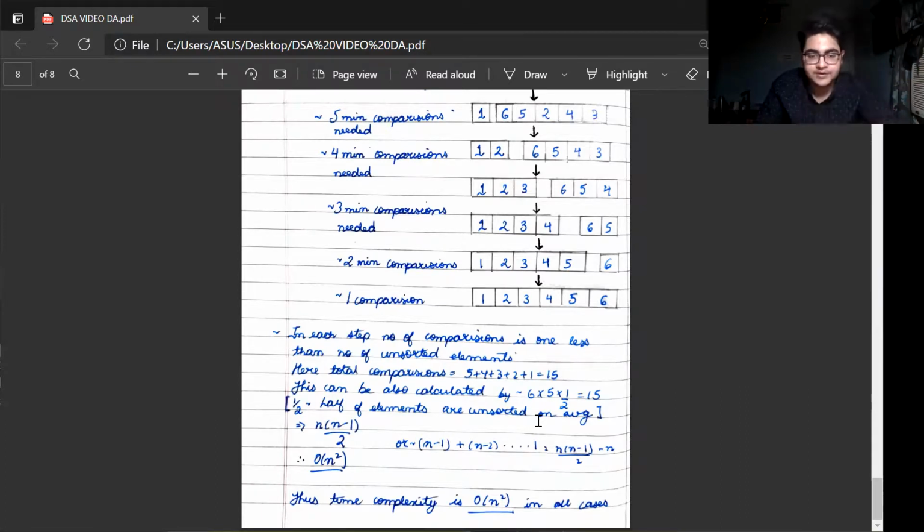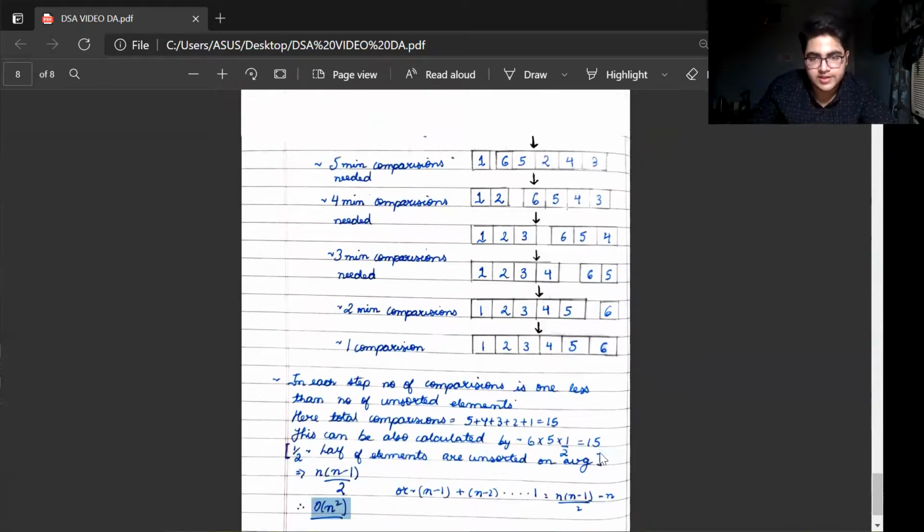That's why we take half here. So n into n minus 1 by 2, and here again the maximum power of n will be n square, so our time complexity will be n square. We can also add them in the normal method and then subtract n from it, and we get n square in this method also. Thus the time complexity is O of n square in all three cases.